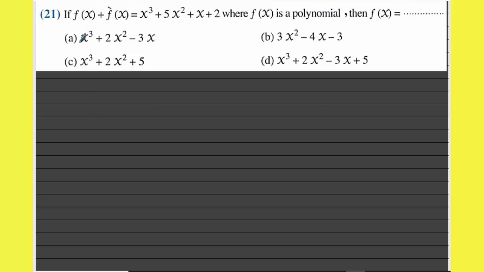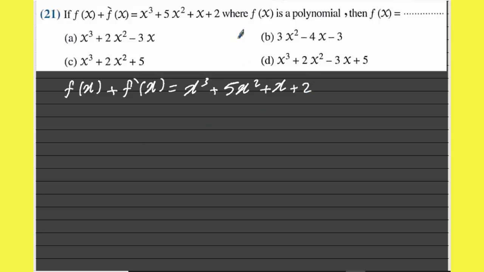We have f of x plus f dash of x equals x power 3 plus 5x square plus x plus 2, where f of x is a polynomial function.